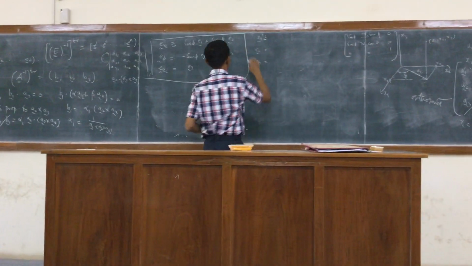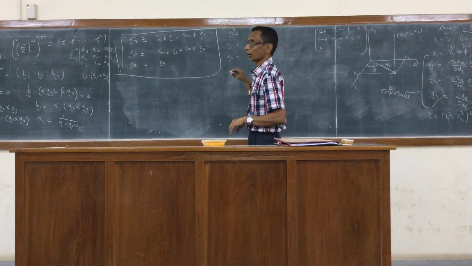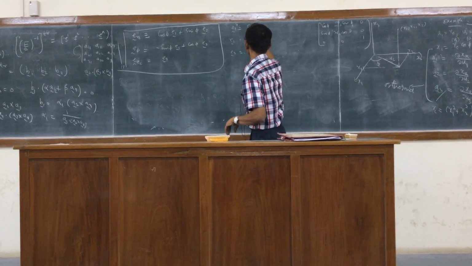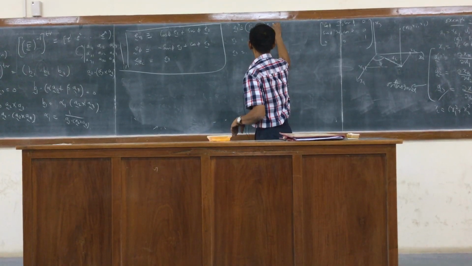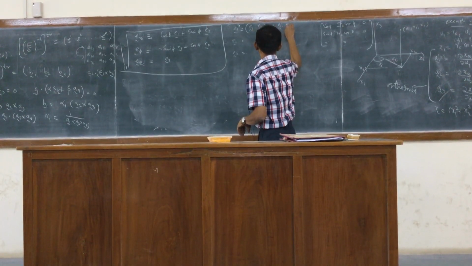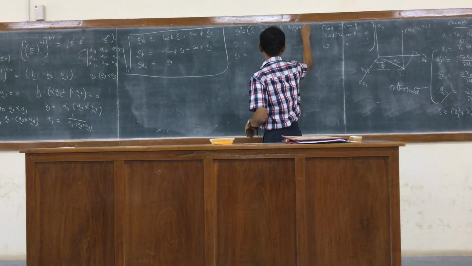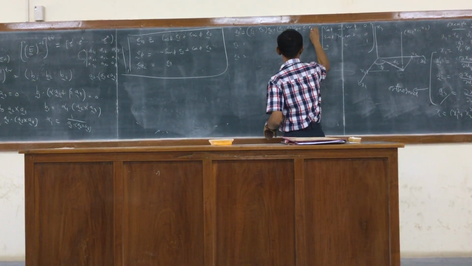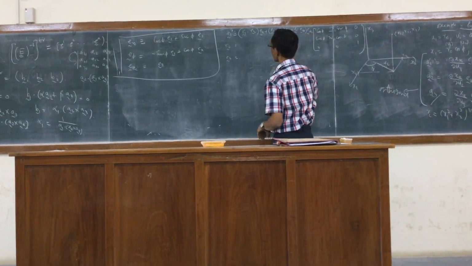E1, E2 and E3, because of the fact that e_rc, e_phi and e_zc are orthonormal, E1 can be easily written as E1 dotted with e_rc, e_rc, plus E1 dotted with e_phi, e_phi, plus E1 dotted with e_zc, e_zc, right?